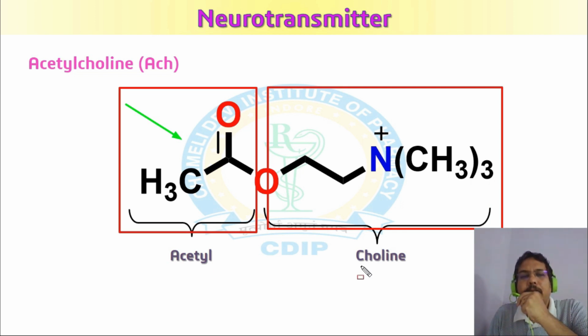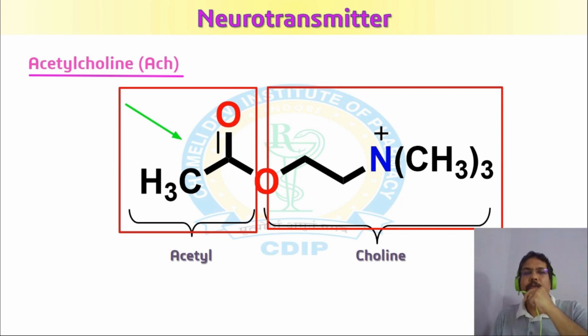When these two parts are combined, then it gives acetylcholine, and we divide the acetylcholine into three key zones.